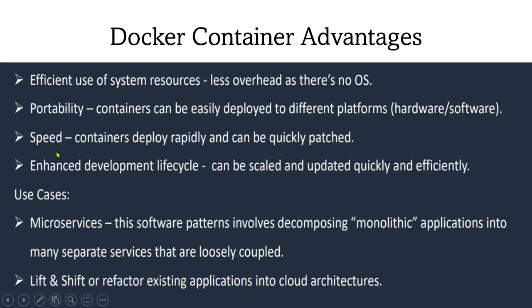But here, no. Use cases: microservices. Containers are used for microservices. Actually, each microservice equals one container. They are decomposing monolithic applications, and doing lift and shift or refactoring existing applications into cloud architectures. If you want to do lift and shift of your monolithic application, Docker containerization is a better option.